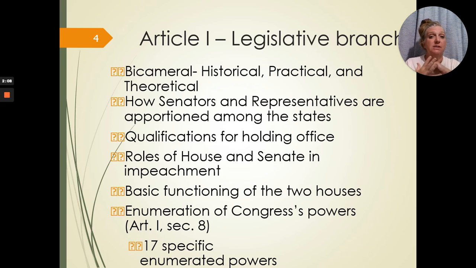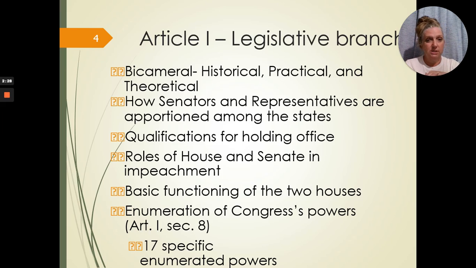It also discusses how senators and representatives are apportioned among the states. So in this case, it's how many senators and representatives each state gets. Then it talks about the qualifications to hold office. It lays out the roles of the House and the Senate in impeachment.